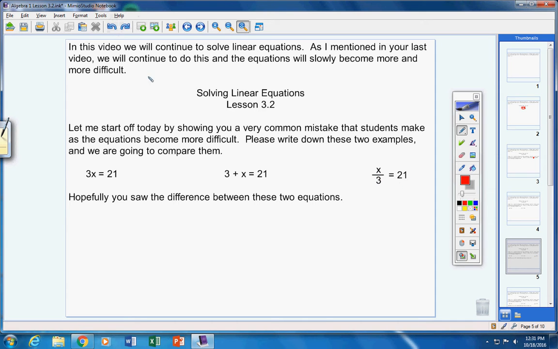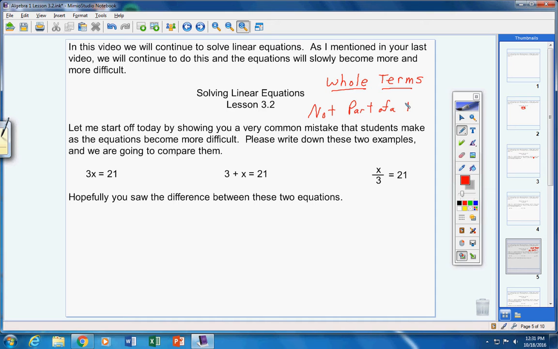Please listen carefully. When you move something in an equation, you must move whole terms. You probably ought to write that down. When you move something in an equation, you must move whole terms. You cannot move part of a term.